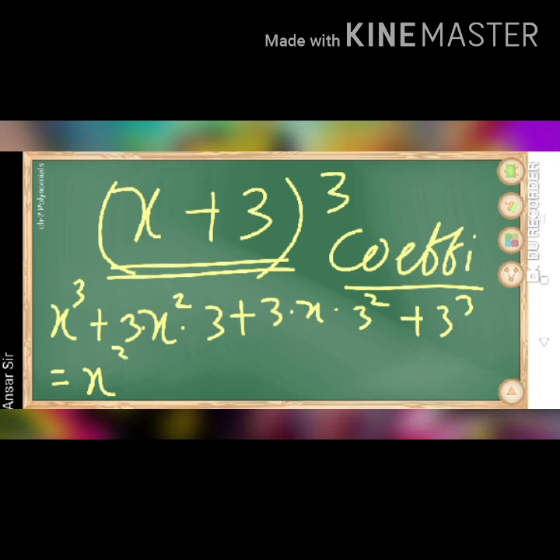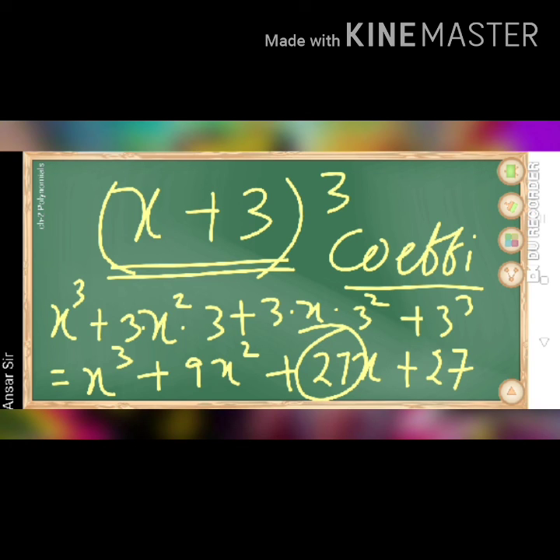It simplifies to x cube plus 9x square plus 27x plus 27. So the coefficient of x is 27. If asked for the coefficient of x square, it will be 9. In the same question, what is the degree of this polynomial? It is 3.